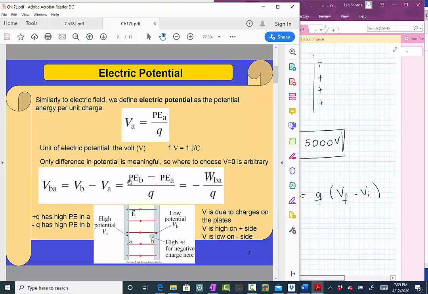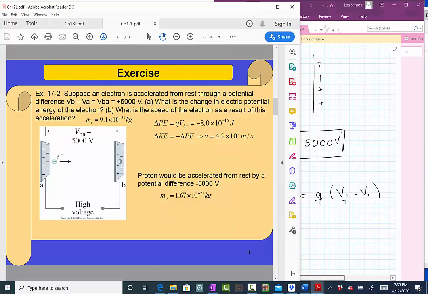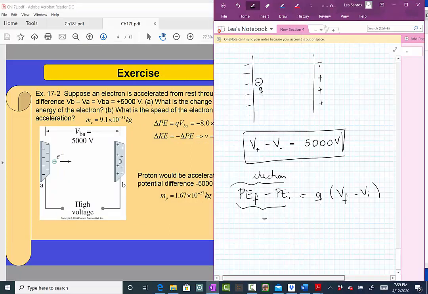So the change, final potential energy minus initial potential energy is Q multiplied by final potential minus initial potential. That's what we are using to solve this problem. In this equation, the sign of this Q matters, and this Q in our case is negative.